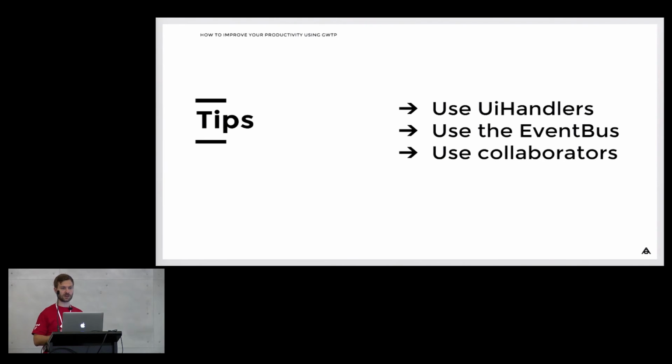So make sure that you use callbacks or localized event bus observers rather than always using the event bus for everything. I even saw in the past people, with HasClickHandlers, registering the click event from the UI into the event bus.